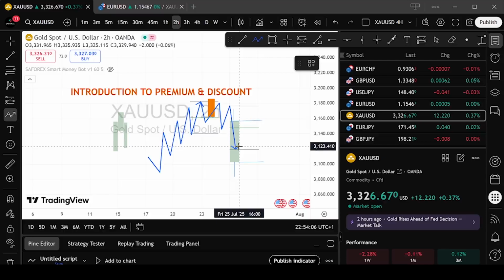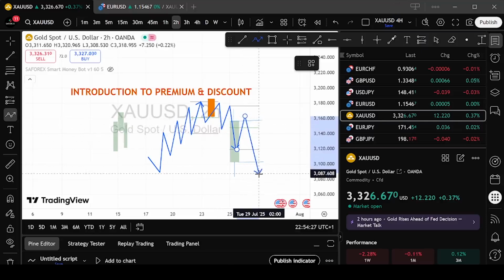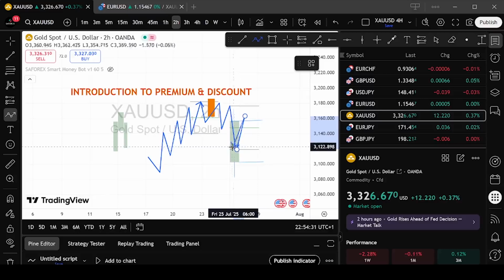You sell when price is in premium. For a bearish market like this, here is the discount and above is the premium. So you want to sell when price has retraced above this 50% and come into this place, and then you sell and it comes down. Same logic, simple logic, but very, very powerful in your trading journey.